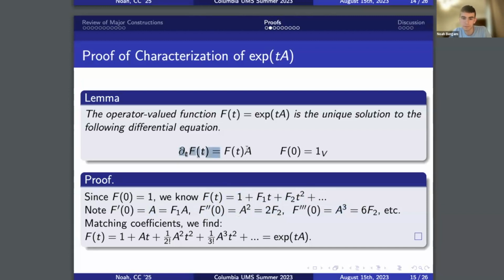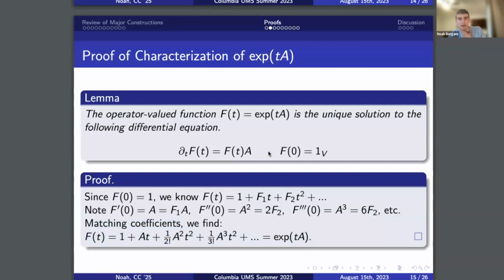The 3 factorial, the 4 factorial, and so on, pop out from the differentiation of a polynomial. So matching coefficients, what is f2? f2 is a squared over 2. What is f3? f3 is a cubed over 6, and so on. So you can solve by matching coefficients, and you get exactly the exponential of t times a.